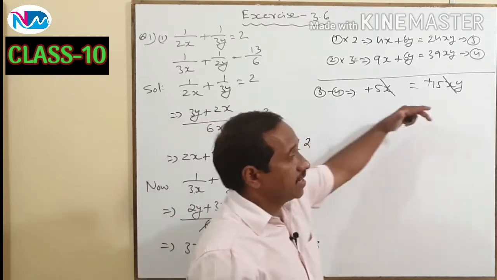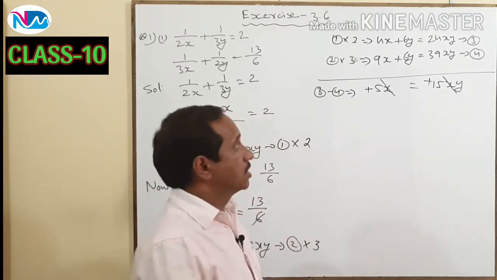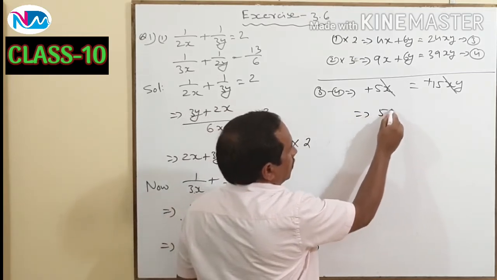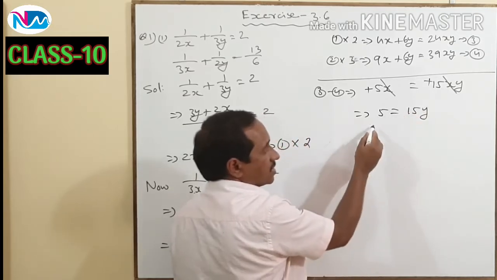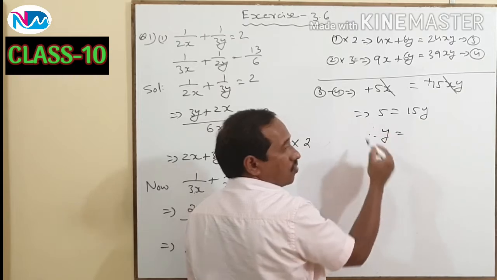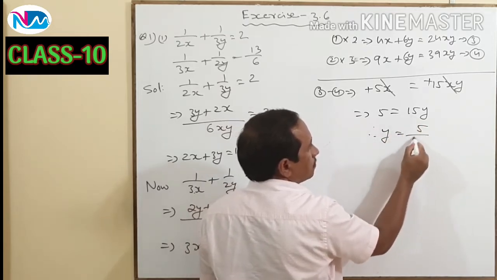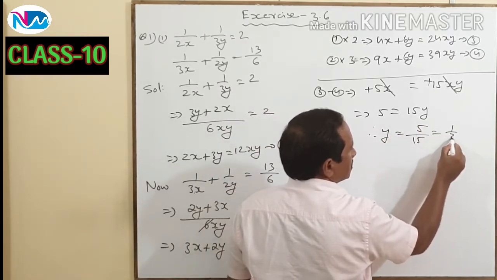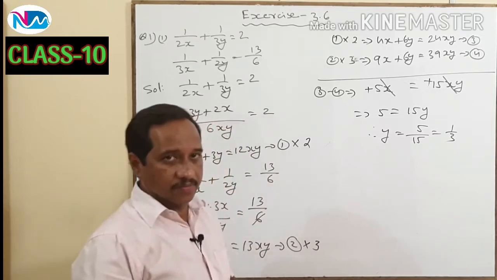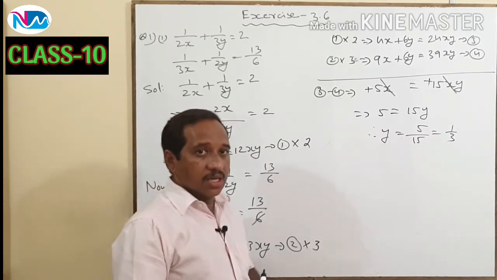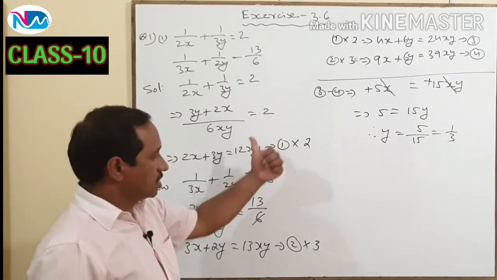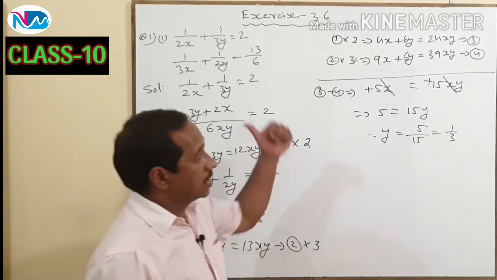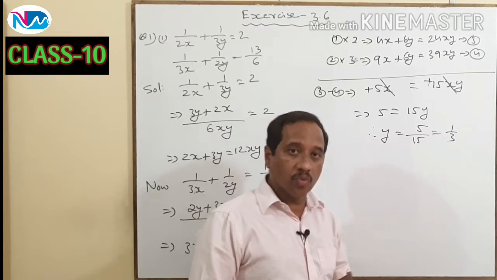That is, dividing both the sides by x gives 5 is equal to 15y. Therefore, we get y is equal to 5 by 15, which is equal to 1 by 3. So here we are eliminating y from equation 1 and 2, and we are getting the value of y.